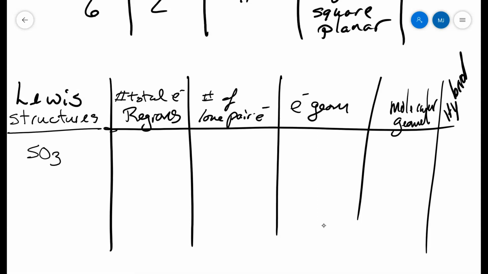That's a trigonal pyramidal. But that comes from practice. That comes from doing this over and over. But I want you to practice your Lewis structures again, and then fill out this table. That's going to be 30 points right there on your next exam.